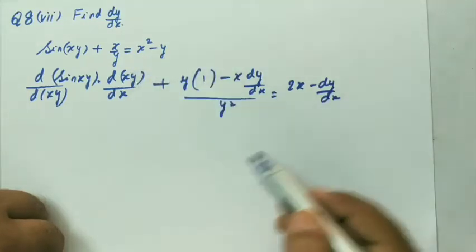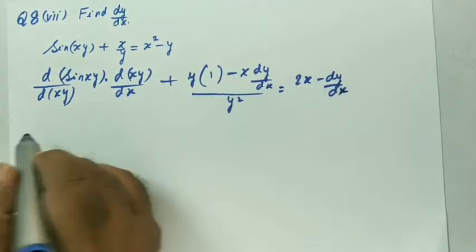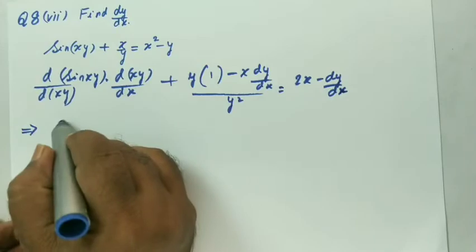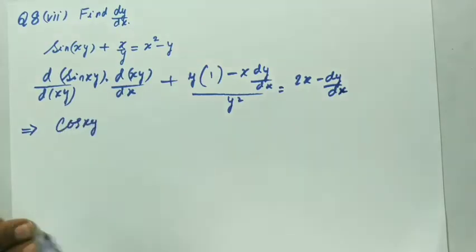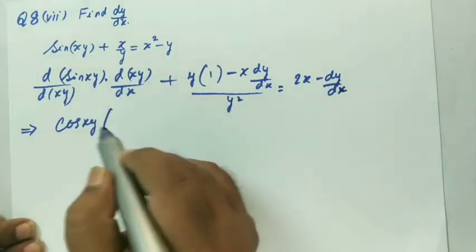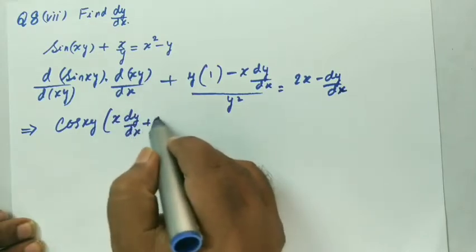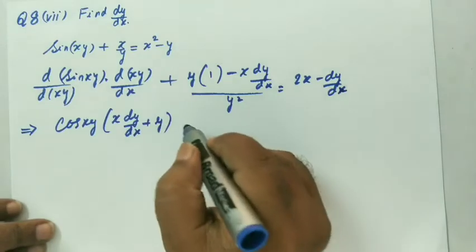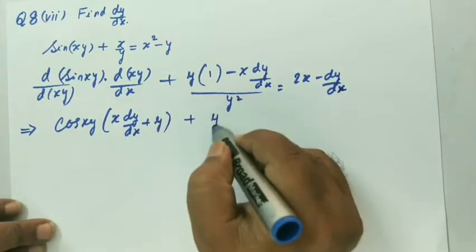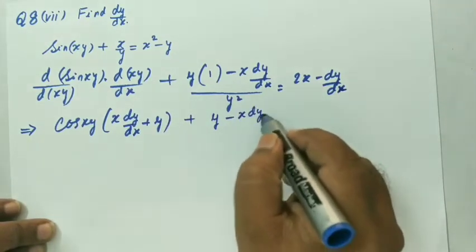Two x and dy by dx. This will be cos xy, and here I'm going to use the product rule, x plus y. Here y minus x.